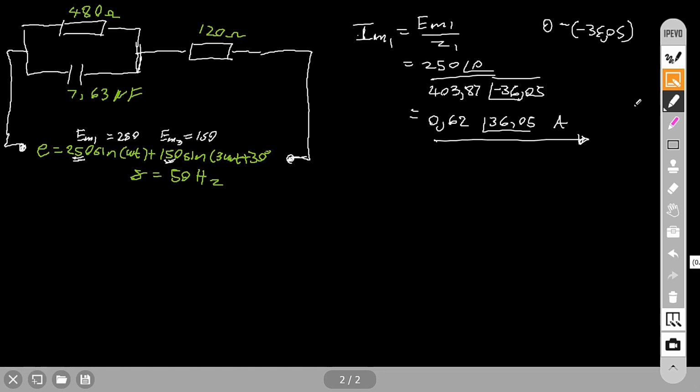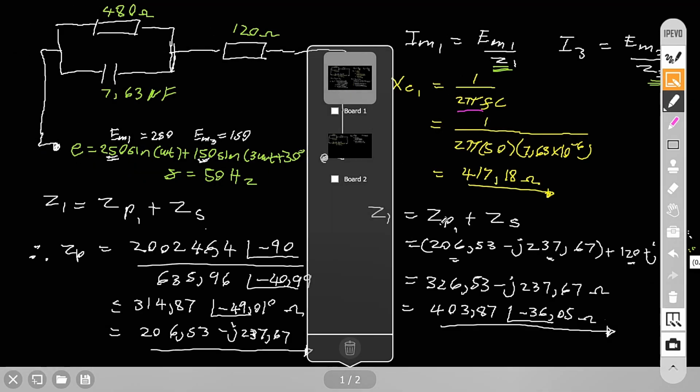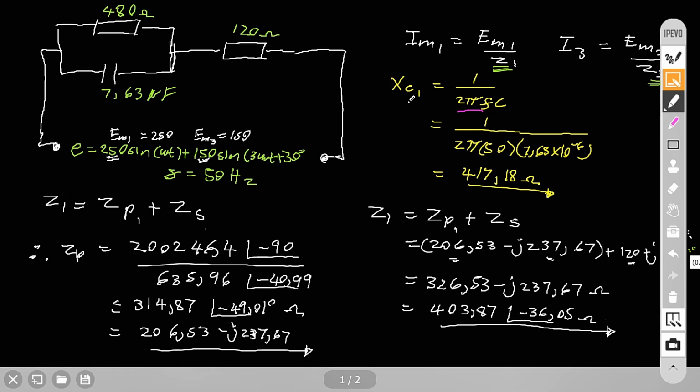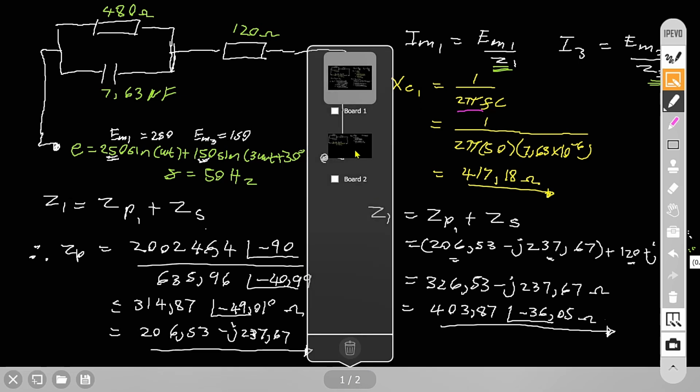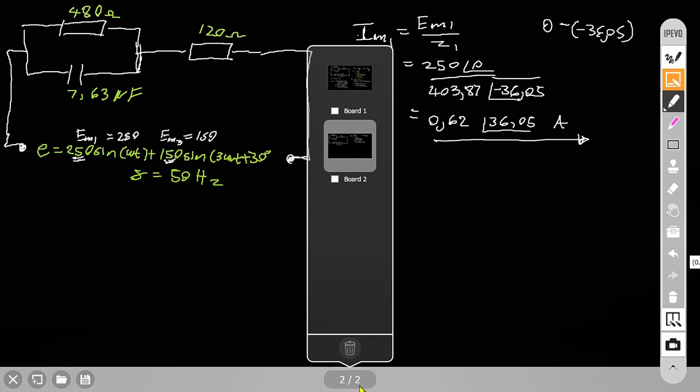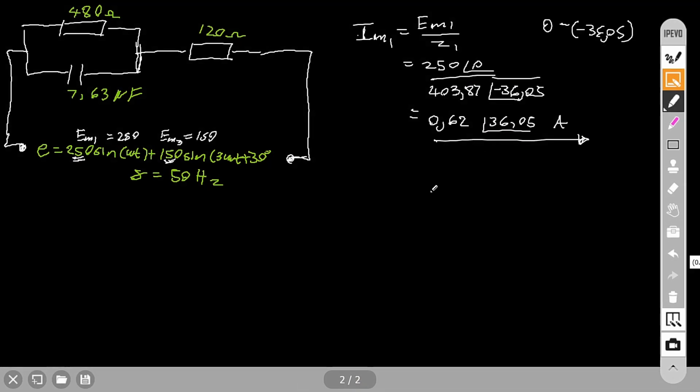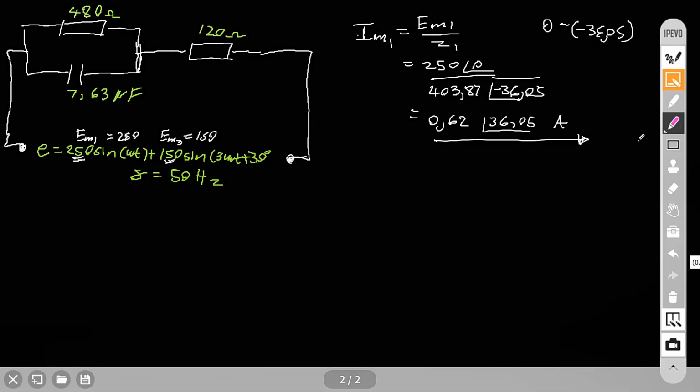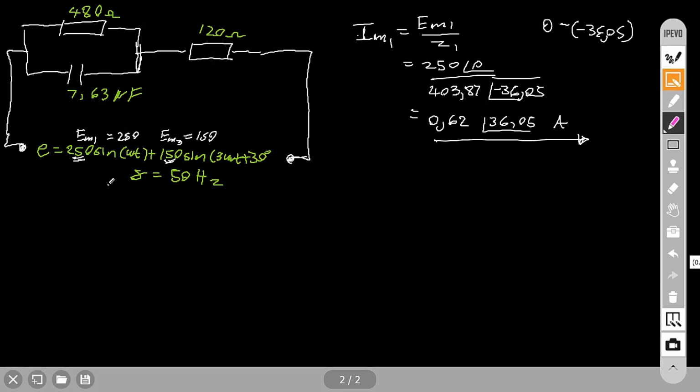So now you want IM3. Now we want IM3. So what was the procedure? We calculated first the reactance for the first capacitor. So now let's go and calculate for the third harmonic. How do we see the third harmonic?